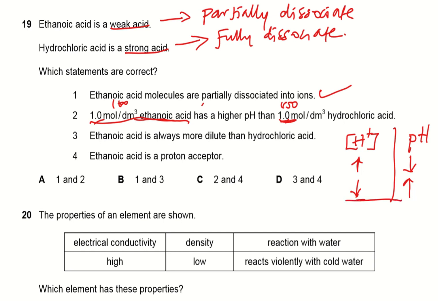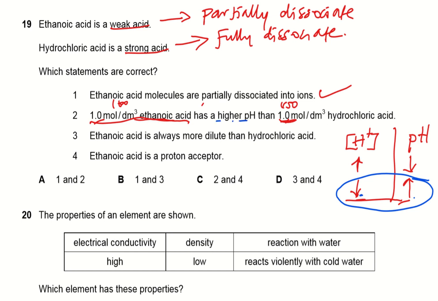You can see this. Lesser hydrogen ion concentration means what? Higher pH. So for higher pH, that means this statement is correct.